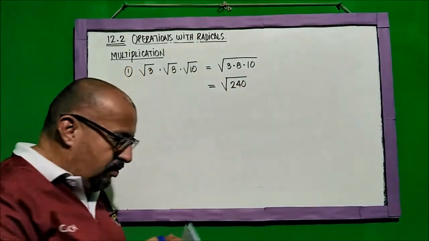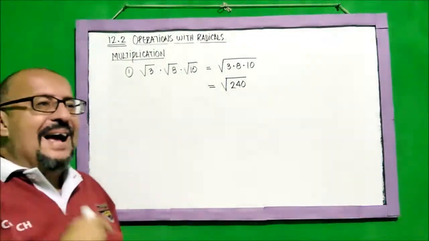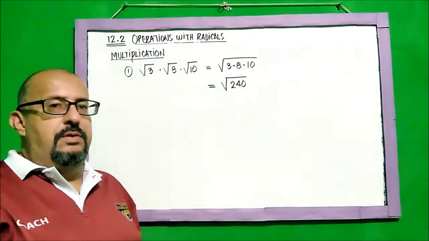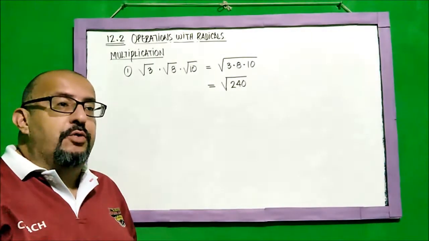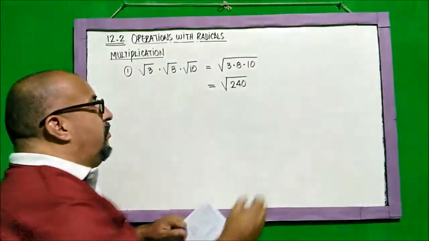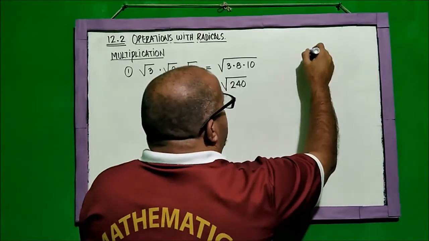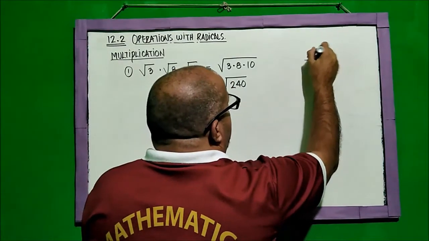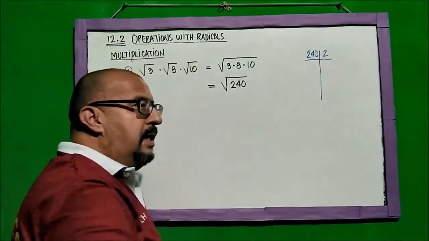Now, once we have the 240 correctly identified, we need to check how we are going to simplify that 240. One of the suggested methods is the prime factorization process, which is very simple. We start by looking for the prime factorization of 240. In this case, it is divisible by 2 because it ends in 0.